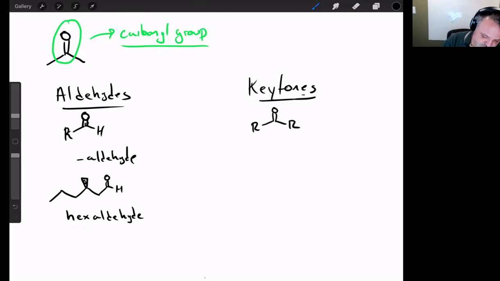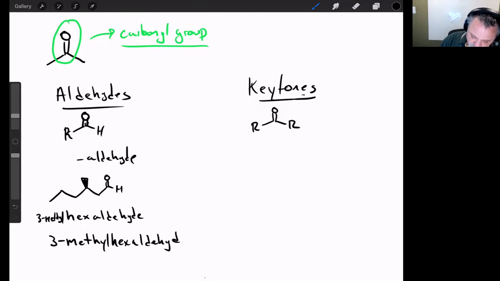Uh-oh. Now all of a sudden is it 1, 2, 3, 4 methyl, or is it 1, 2, 3 methyl? Well, of course, the aldehyde is the priority functional group. So making this a little bit more legible, it would be 3-methyl hexaldehyde.